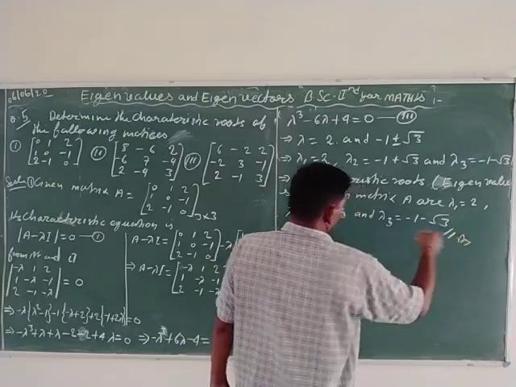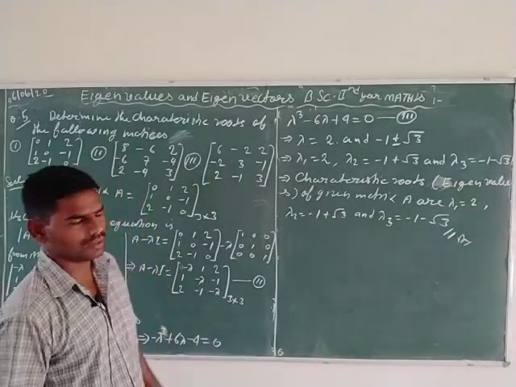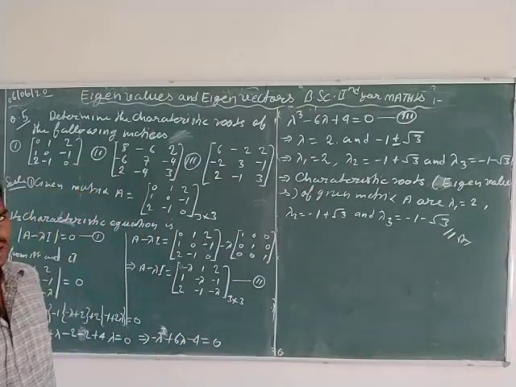This is the complete solution. These are the 3 characteristic roots, meaning eigenvalues, of the given matrix capital A.